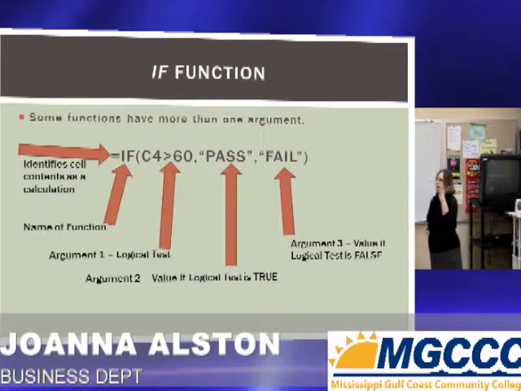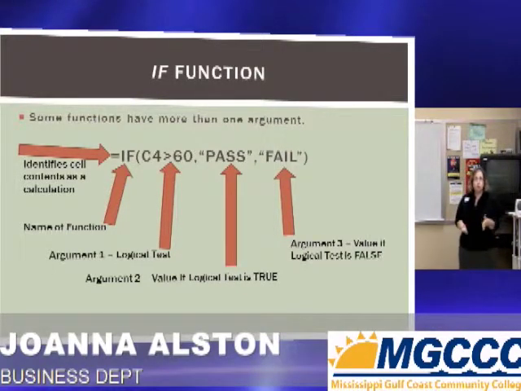If the number is greater than 60, argument 2 tells the computer what to do if that test is true. So if C4 was greater than 60, then the computer is going to put the word pass in that cell. Notice that it's enclosed in quotes. That's because it's text. It will actually put pass.